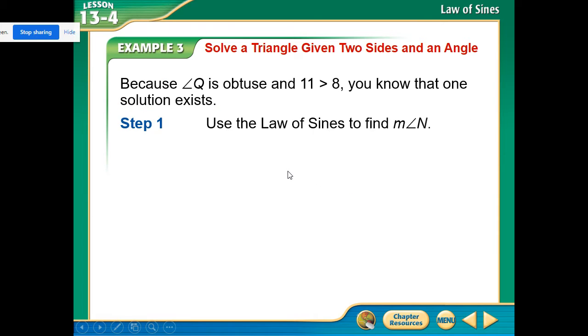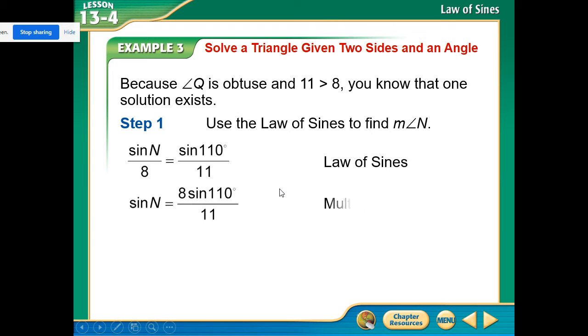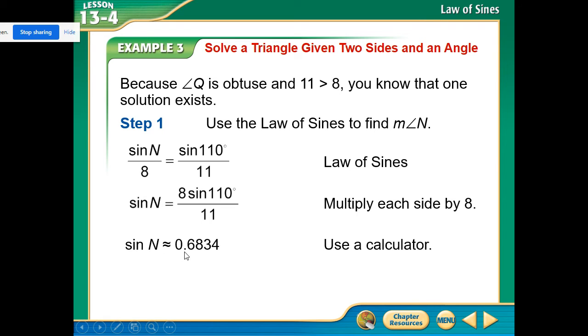Now, once we know that there's 1 solution, we can just do this like we did yesterday. We find the other angle by cross multiplying. We're going to have to do a second sine here. So the sine of n equals 8 times the sine of 110 divided by 11. That's 0.6834. And then we have to do second, the sine -1, the second sine function.